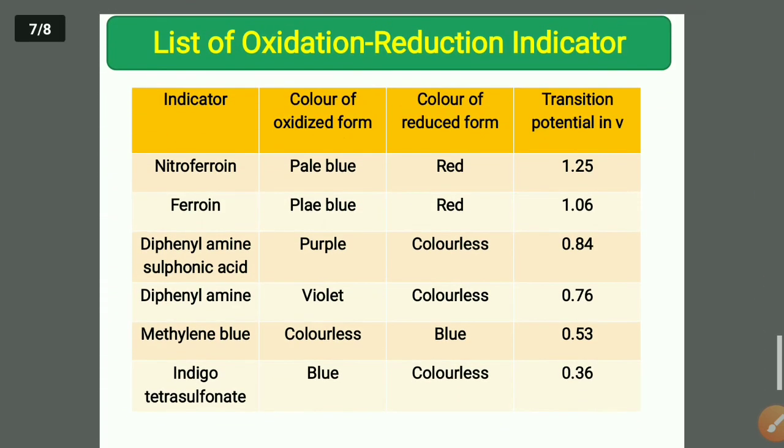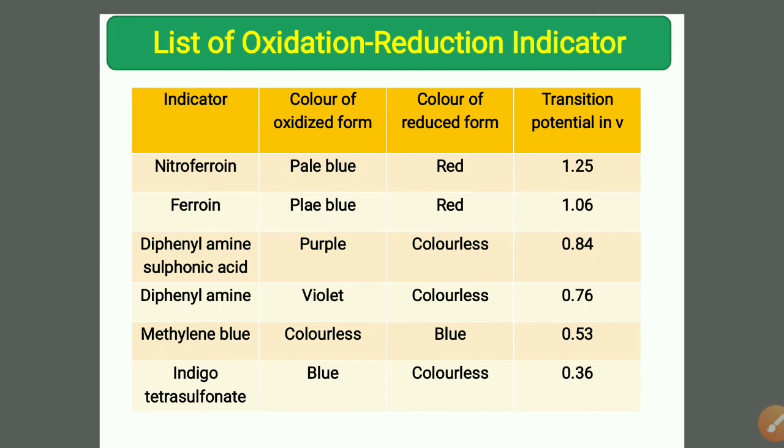Now we have collected a list of some oxidation reduction indicators. The first one is the nitroferroin indicator, which has a pale blue color in the oxidized form while it is red in the reduced form, and its transition potential is 1.25 volt.